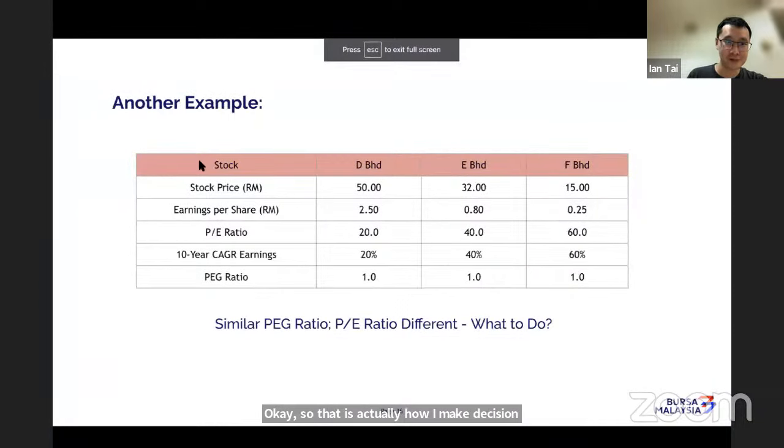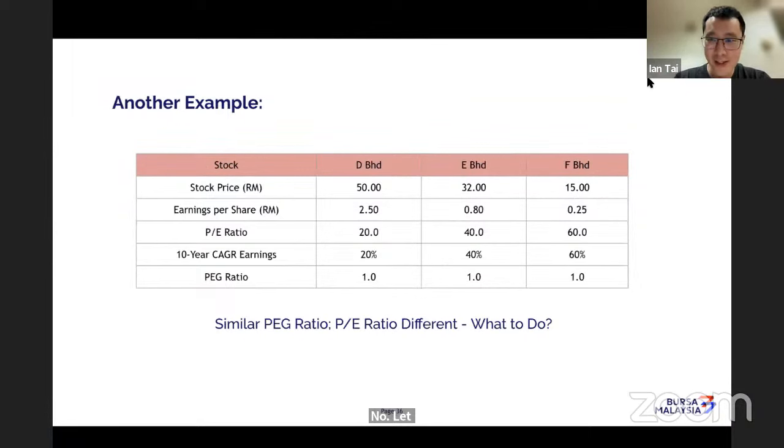Now, let me throw you guys a question. Let's say we have another 3 stocks, D Berhad, E Berhad, and F Berhad. D Berhad has stock price $50, E Berhad $32, and F Berhad $15. PE ratio, D Berhad is 20, E Berhad is 40, F Berhad is 60.